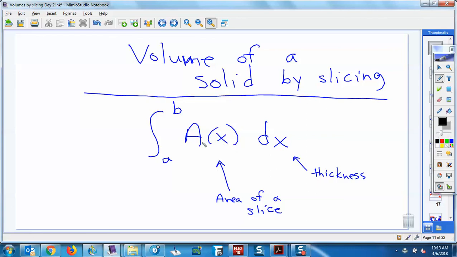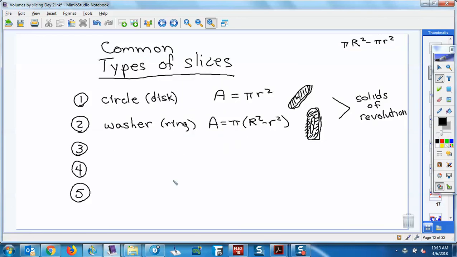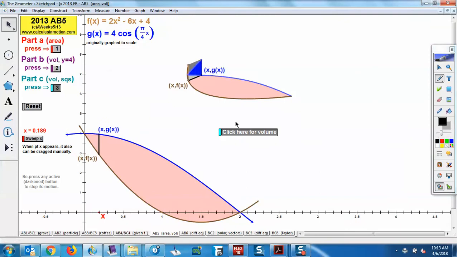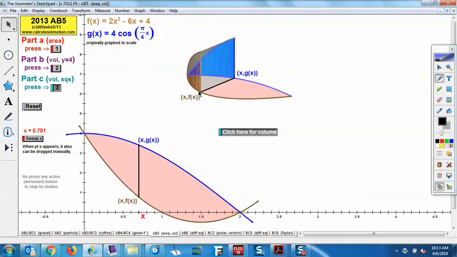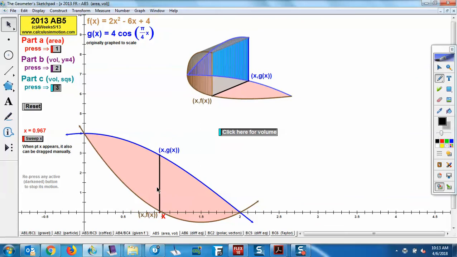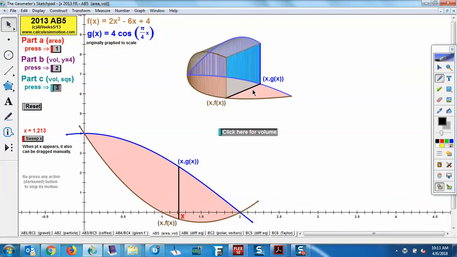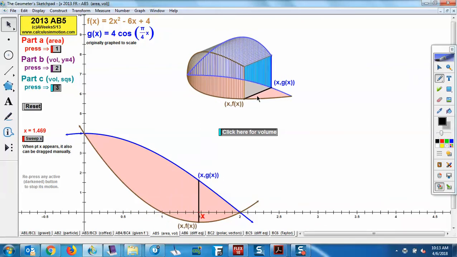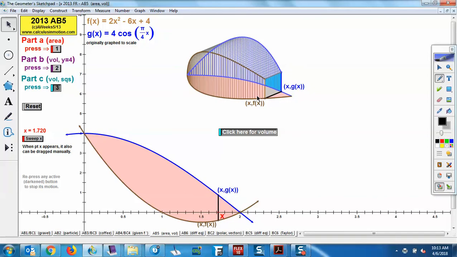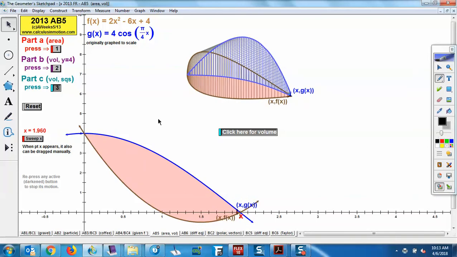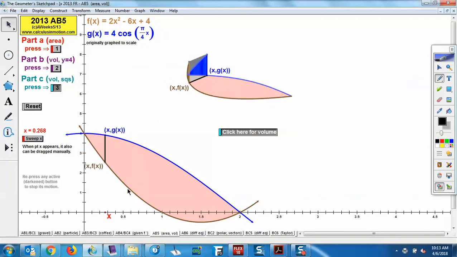Well, if our slice is a square, the only thing we want in here is the side squared. Look at that right there. That's the strip. That's this strip right here. Top minus bottom, isn't that going to be one of the sides of the square? So all we have to do is take that and square it, put it in our integral, and we'll have it. That's what we're talking about.